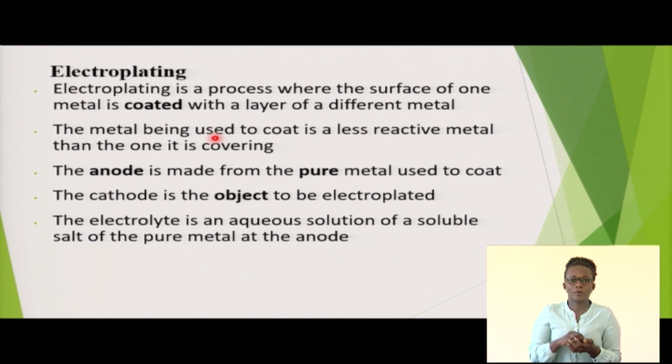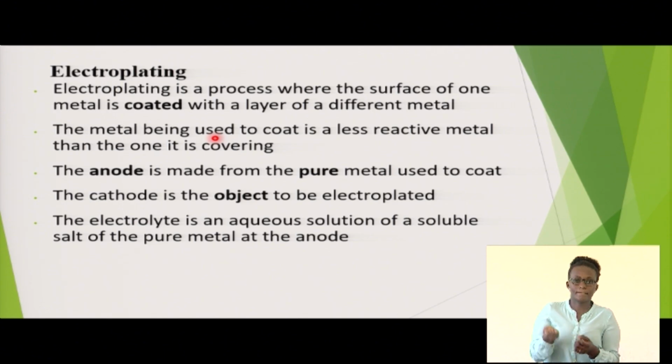So for the electroplating to take place, you need some concepts that you need to carry, and this is very important. Dear students, please take note of this. The metal being coated, or used to coat, I beg your pardon, is a less reactive metal than the one that it is covering.